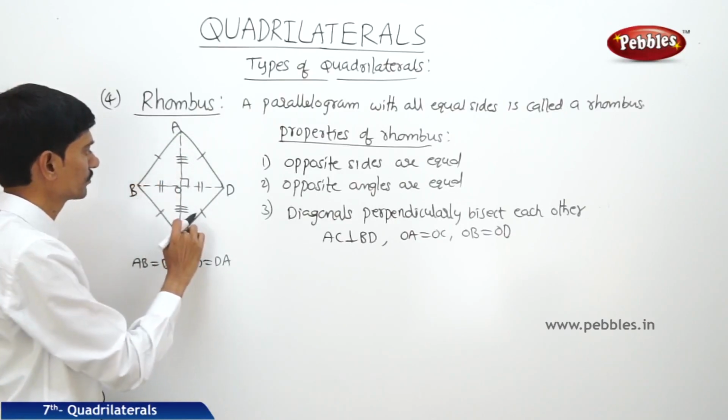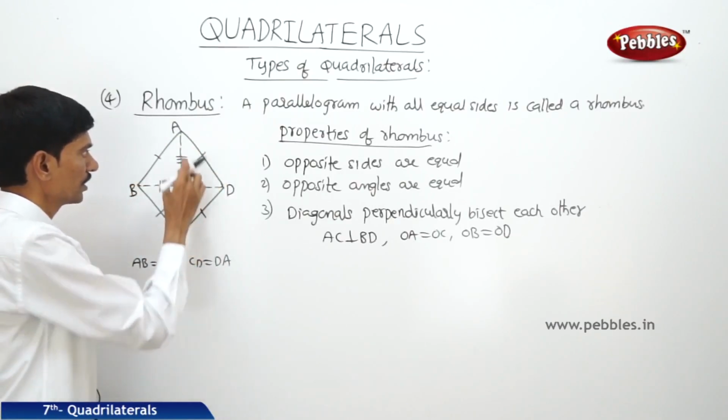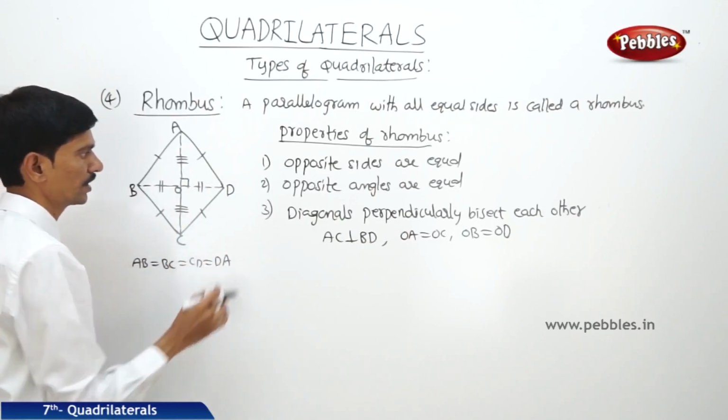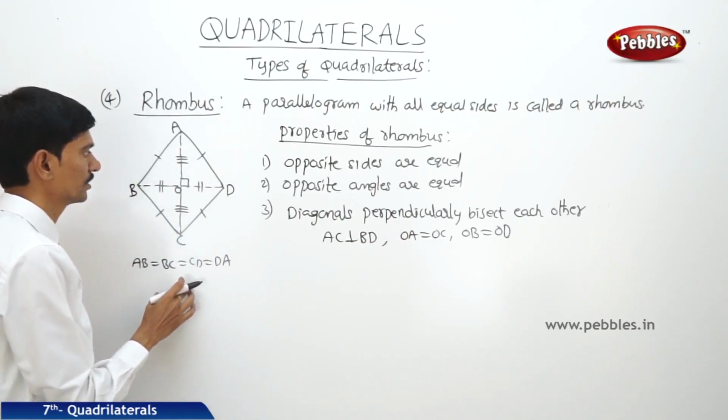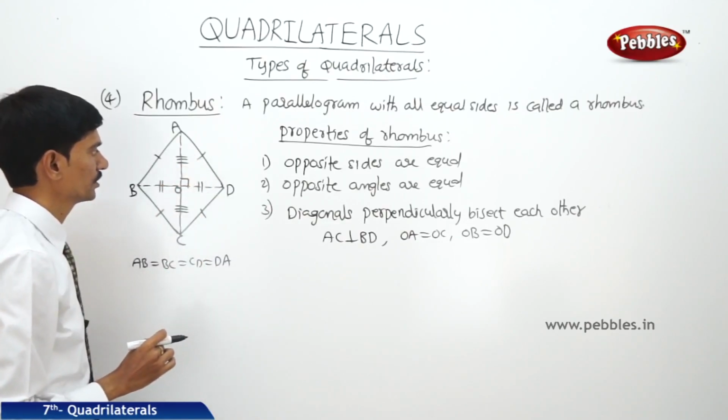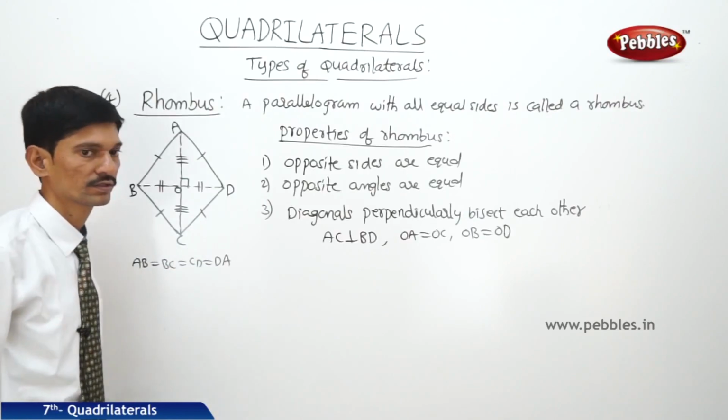AB equal to BC equal to CD equal to DA, and the opposite angles are equal, opposite sides are equal, and the diagonals perpendicularly bisect each other. And here the four triangles are congruent to each other in case of a rhombus.